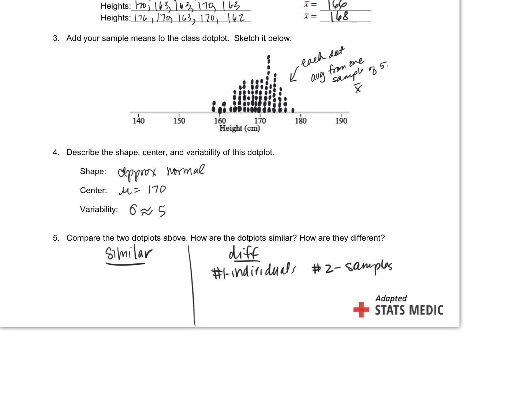Okay, what else? How are they similar? Let's start there. They have the same mean. Anything else they have the same? Shape is the same. So same shape, they're both approximately normal.